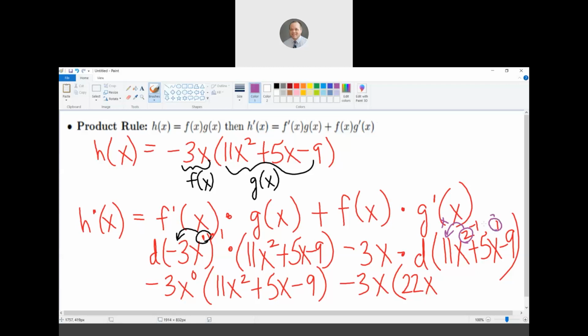Move the 1 to the front and multiply it by 5. So that will still give us 5, and subtract 1 from the original exponent. And that would be 0 for the exponent now. And the derivative of -9 is a constant, so using the constant rule for derivatives, that's 0.